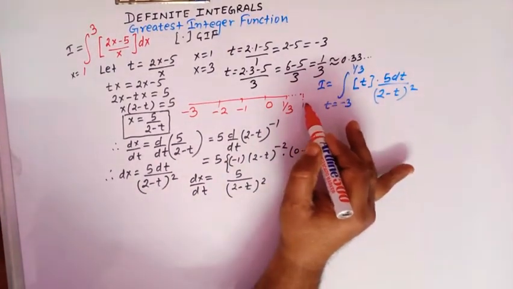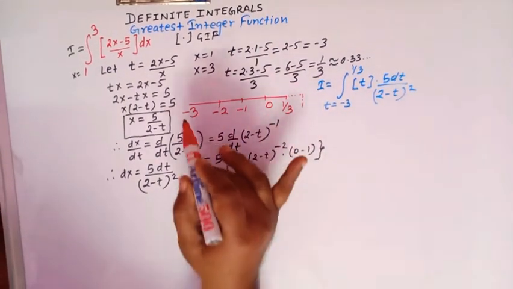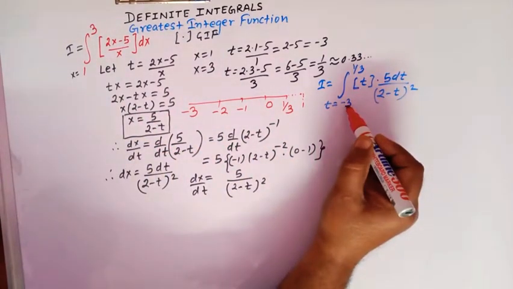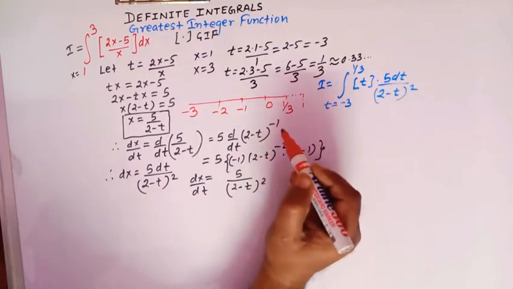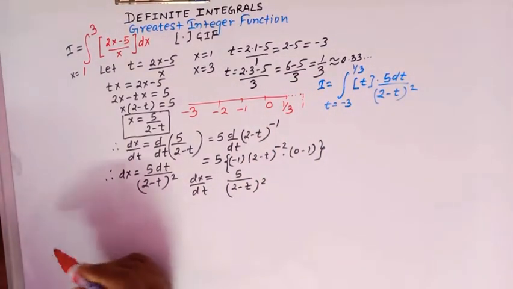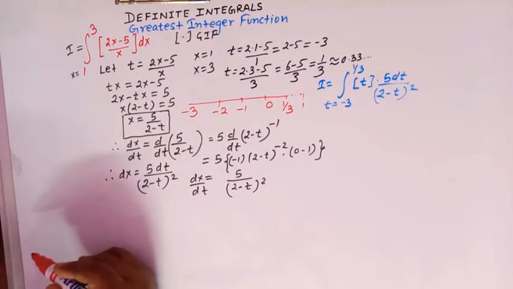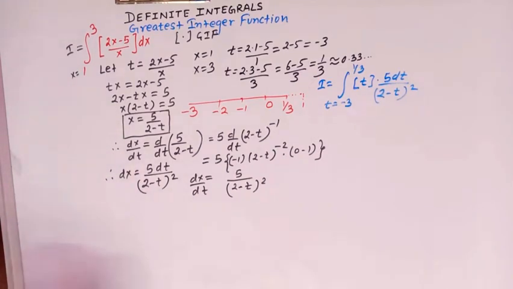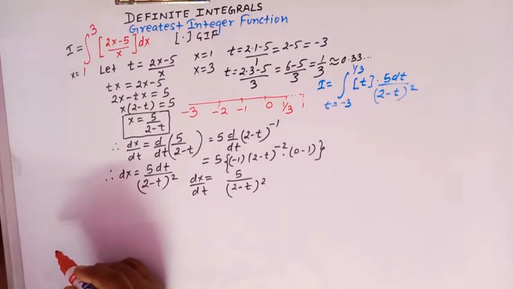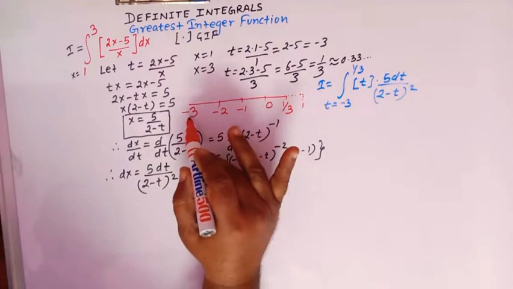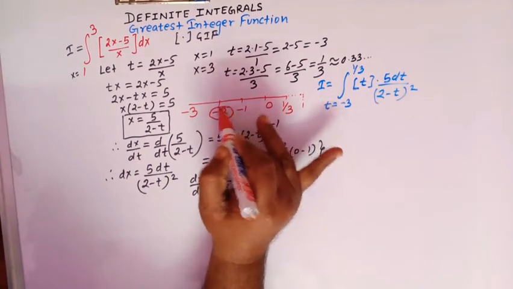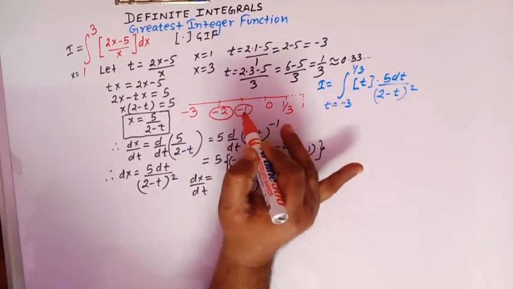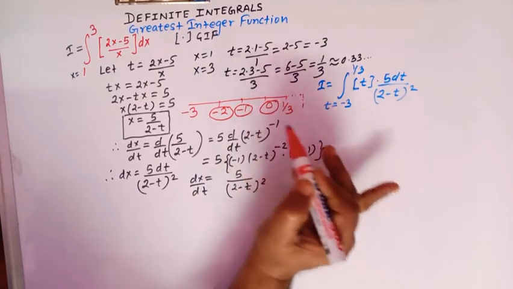But we are not going to use this one because the limits of integration are from minus 3 to 1 over 3. There is one more important thing: whenever we integrate the greatest integer function, we have to take the integral points. So between minus 3 and 1 over 3 we have the integers minus 2, minus 1 and 0.